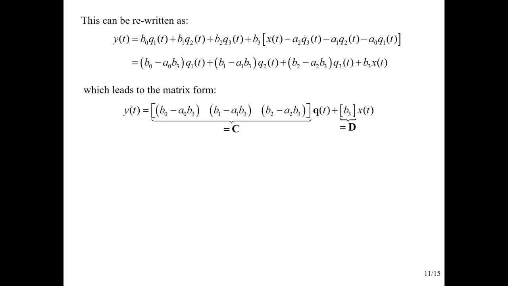So we can write that in matrix form. In this case, since we have one and only one output, this C matrix is a 1 by 3. And D, since we have a single input and a single output, is actually a scalar, 1 by 1.